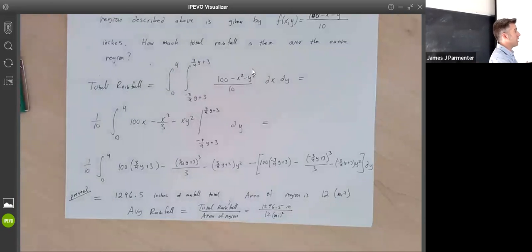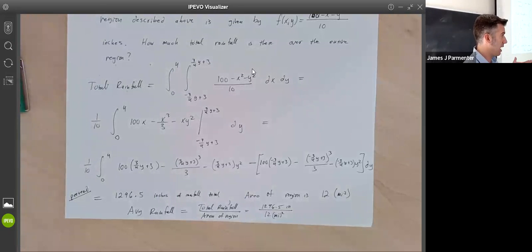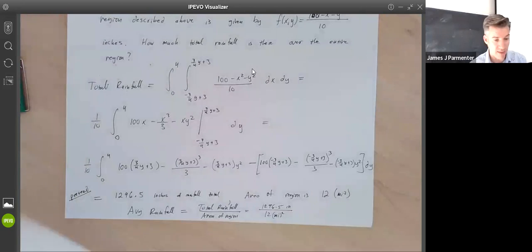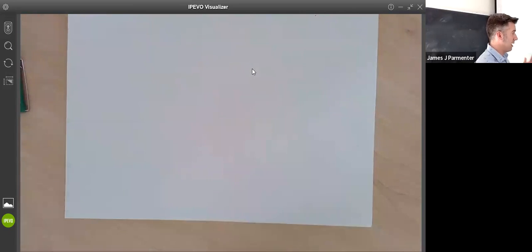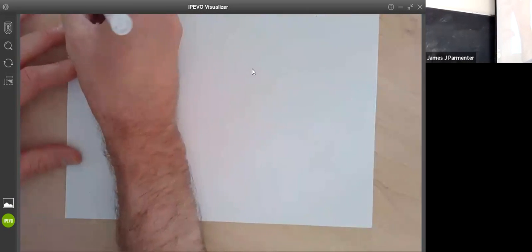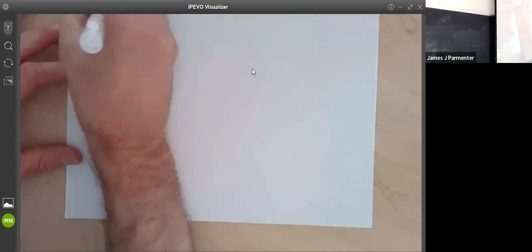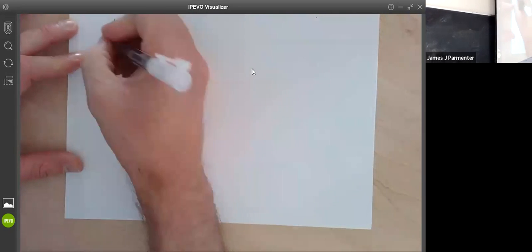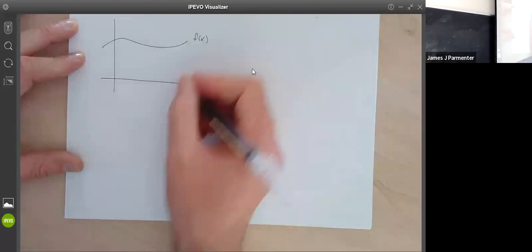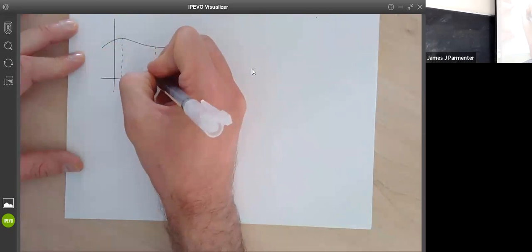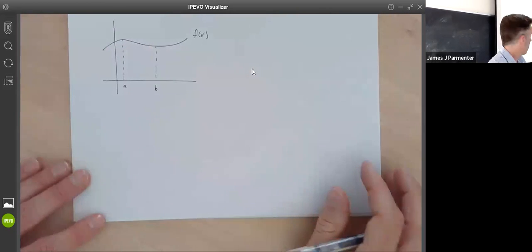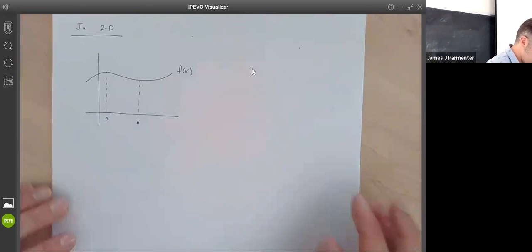Just like, I hope you saw in 17B when you learned how to calculate the average value or the average height of a function. So maybe I should say that just to make sure everyone's on that page. We have a 2-dimensional and a 3-dimensional kind of analog. So in 2 dimensions, this is my function, and we're going from, say, A to B. I want to find the average value.